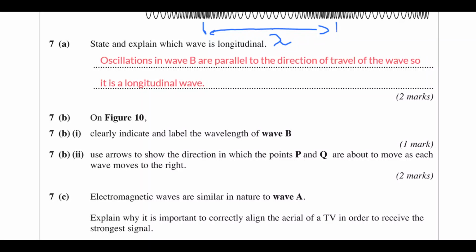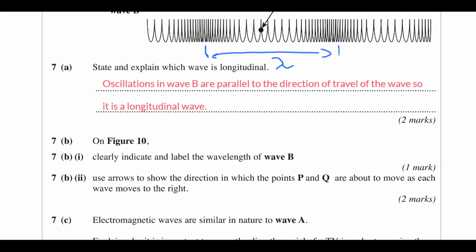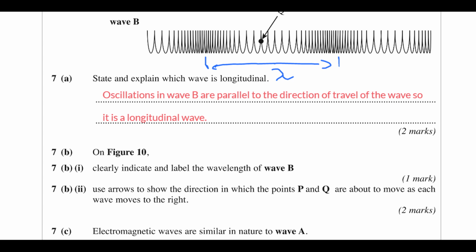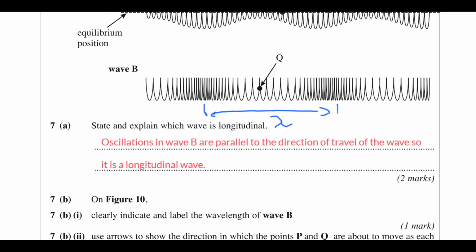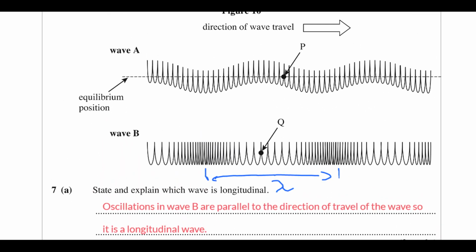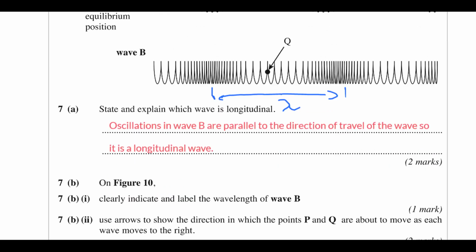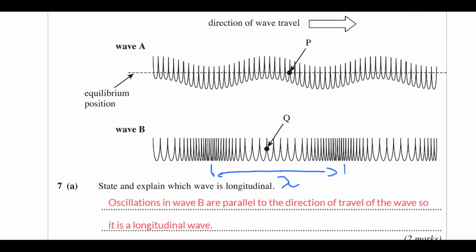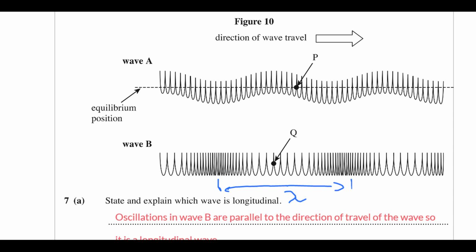Use arrows to show the direction in which the points P and Q are about to move as each wave moves to the right. If we look at the direction here, we can see what's coming next for P is here. So P is going to move upwards. Let's do it in red. So P is going to move upwards like this.